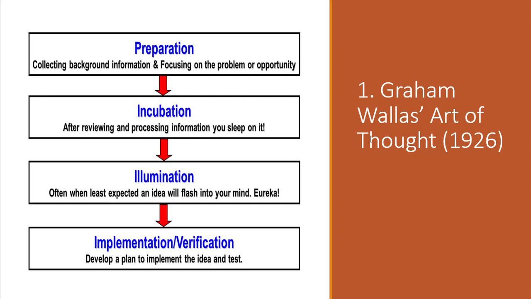Illumination. Okay, and then when you get the idea, of course, you implement or verification. Develop a plan to implement the idea and test. When we implement the idea, we need to test. Sama macam in our previous class, you have done the flow chart, right? The problem solving.